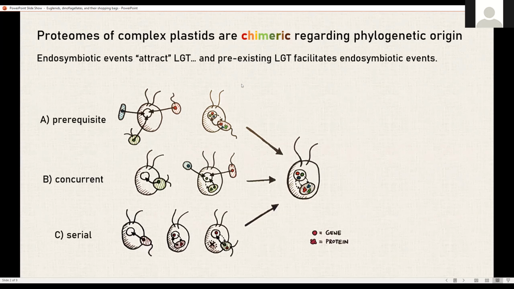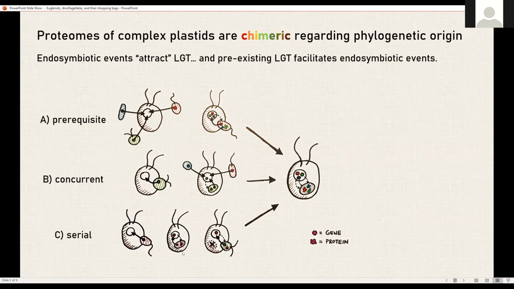So these would be A, the random transfer of the plastid-like genes, which then enables the plastid establishment. B, the concurrent gene transfer from both the endosymbiont and other algae, which speeds up the endosymbiont integration.